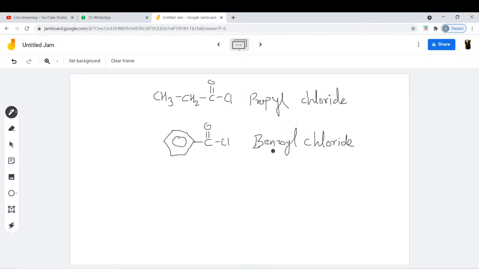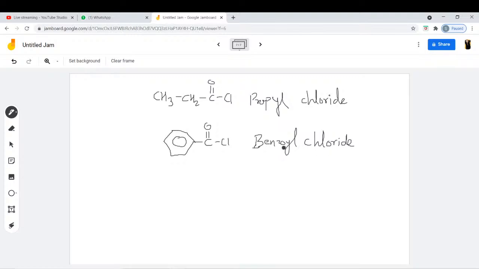So these benzoyl chlorides are nowadays banned. Why is this chemical banned? Because it is used for preparation of the drug brown sugar. That's why benzoyl chloride is not easily available in laboratories.